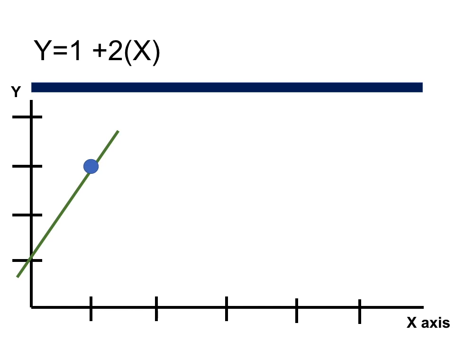So the regression line, the green line on this table, gives the predicted values for Y at any given value of X. But the reality is that values don't always fit the line. They may fall above or below the line.